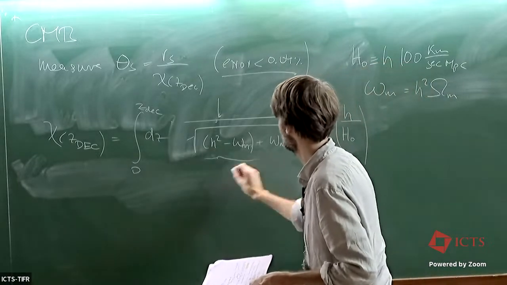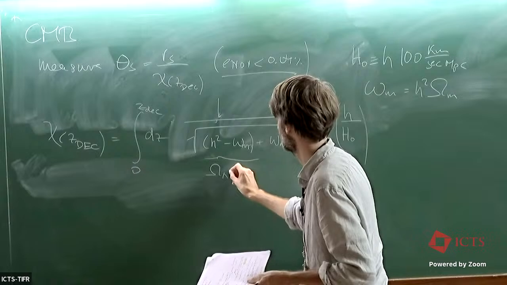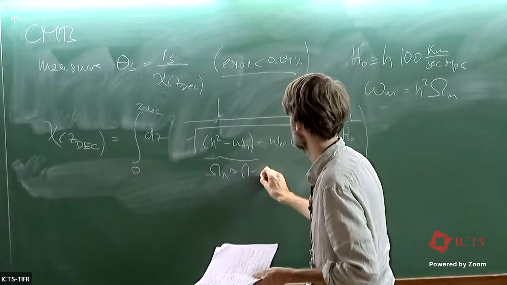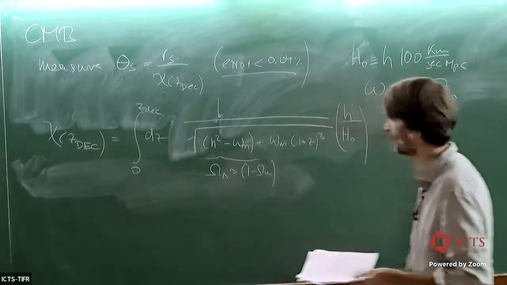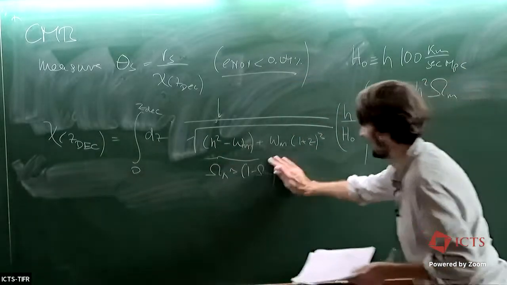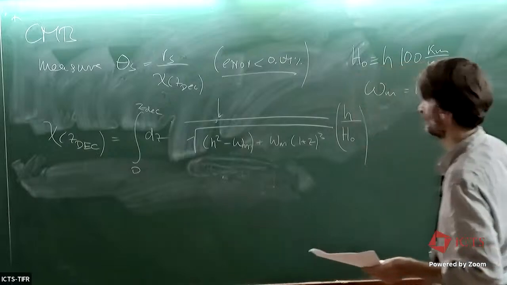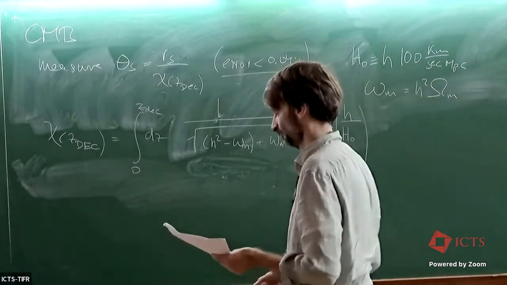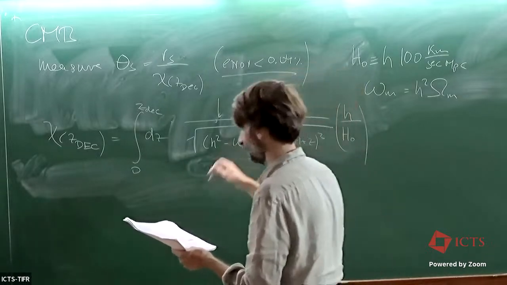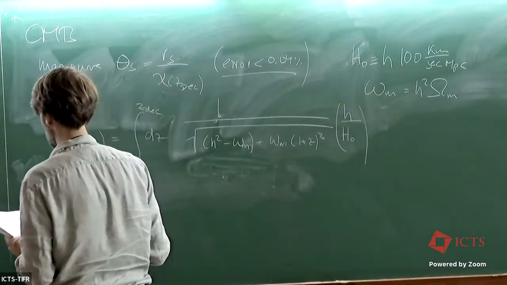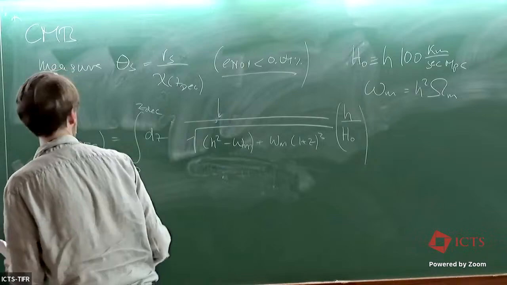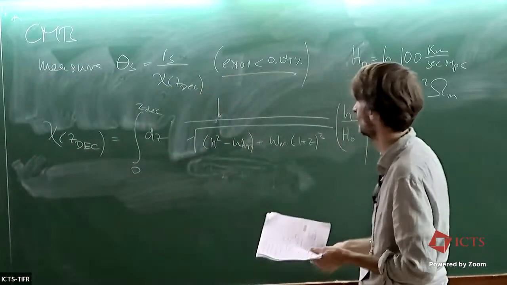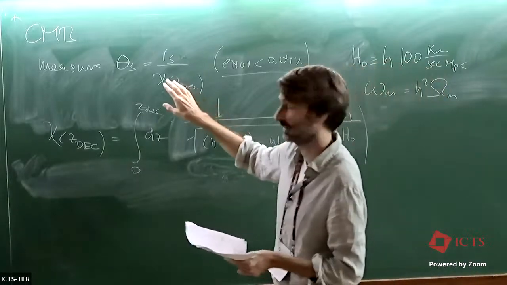So this is what you get for this omega lambda factor, if you use that omega lambda is 1 minus omega matter. But what you get is this simple formula. And now you see how we constrain the Hubble parameter with the CMB measurement, because this quantity depends on Hubble. So yeah, just a second.